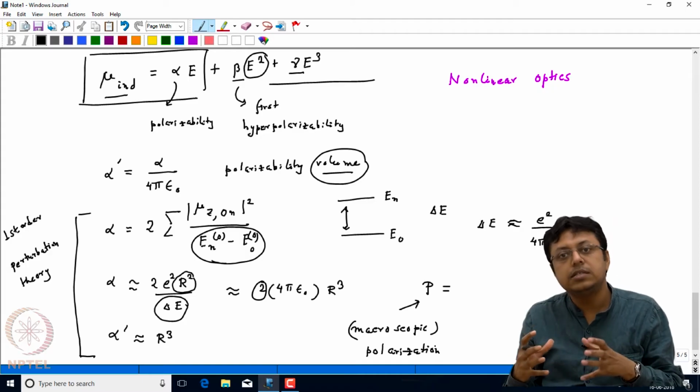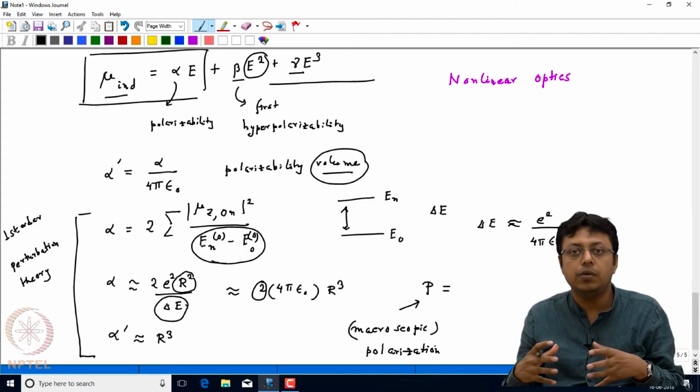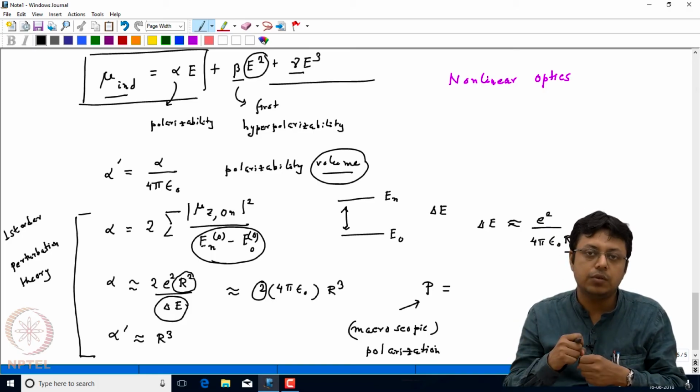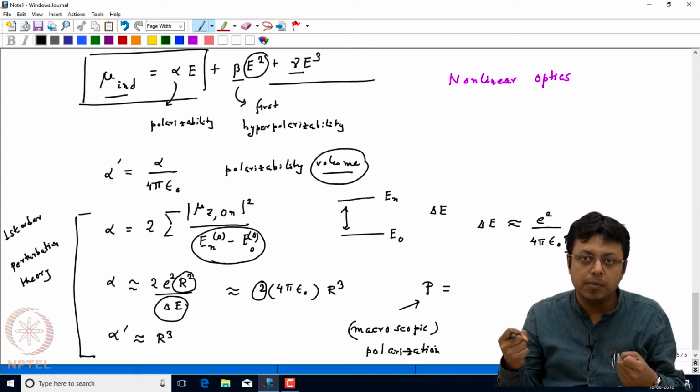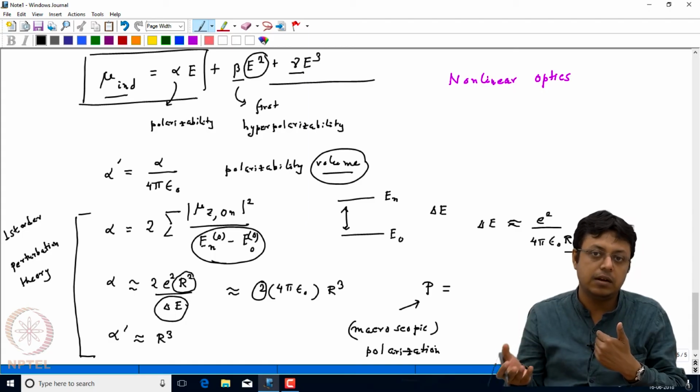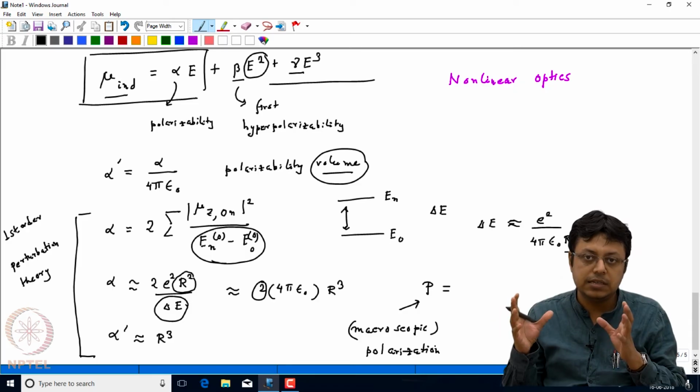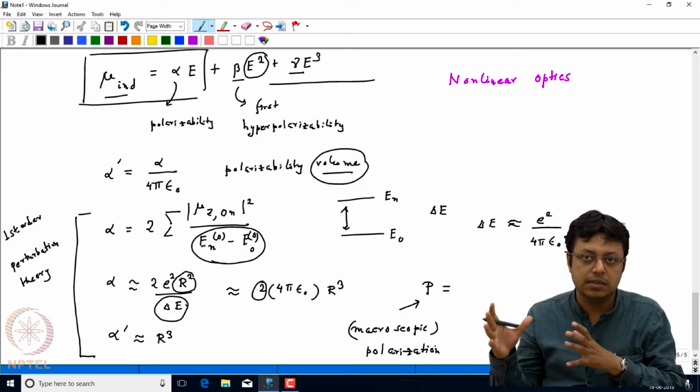So, this polarizability tells you with what ease we can distort the electron cloud, so that we can create a dipole moment momentarily, as long as the electric field is present. If we remove the electric field, or turn off the light, then there is no polarization, because it just stays as long as the light is there.